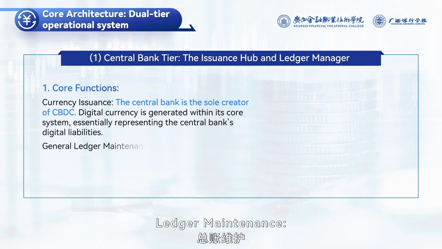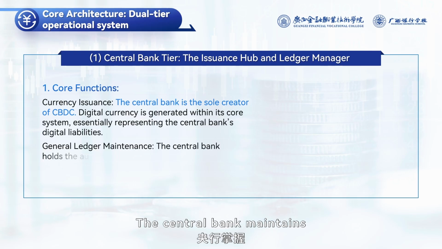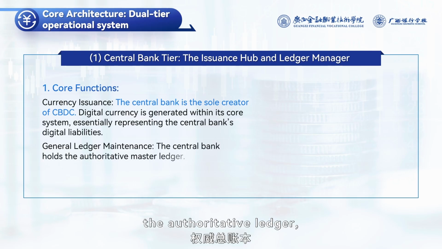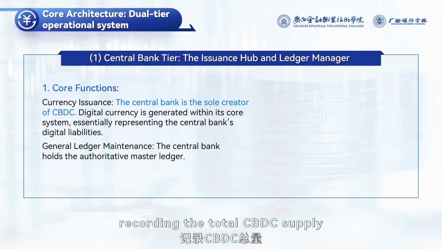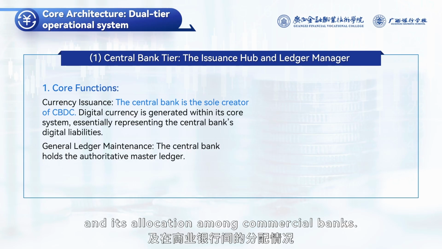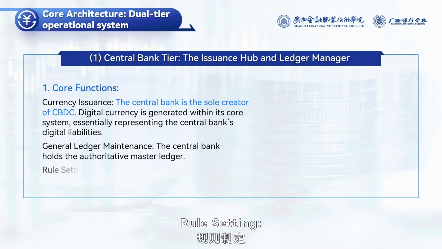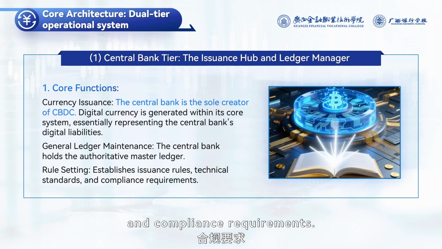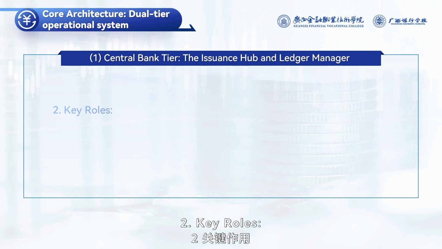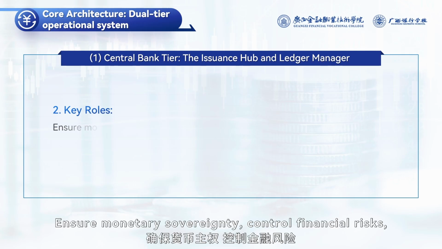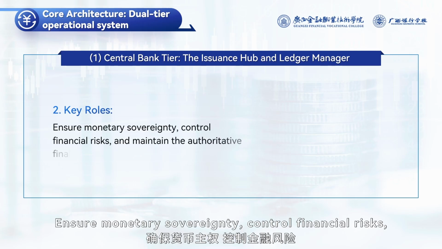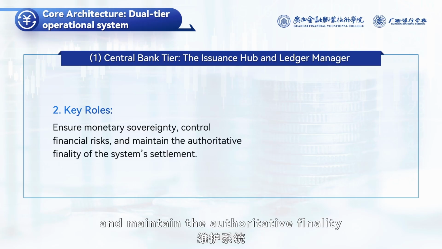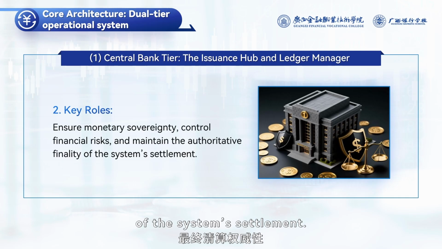Ledger maintenance: the central bank maintains the authoritative ledger, recording the total CBDC supply and its allocation among commercial banks. Rule setting: it establishes issuance rules, technical standards, and compliance requirements. Key roles: ensure monetary sovereignty, control financial risks, and maintain the authoritative finality of the system's settlement.